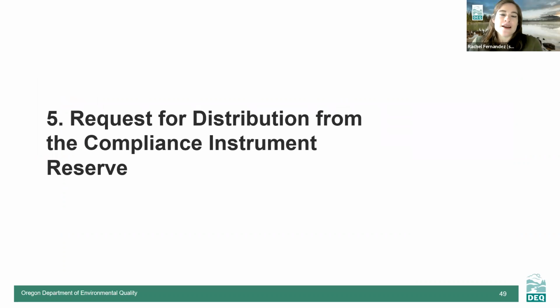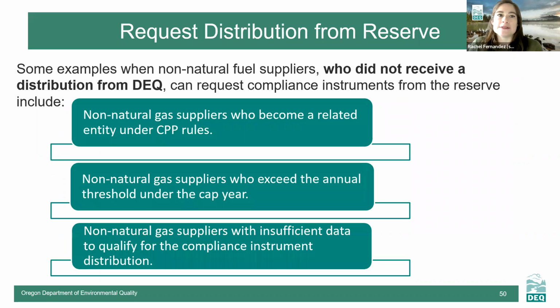Thank you. And as Matt mentioned, some of you may request a distribution from the reserve. Some examples are non-natural gas fuel suppliers who did not receive a distribution from DEQ back in February or March. These individuals can request compliance instruments from the reserve.